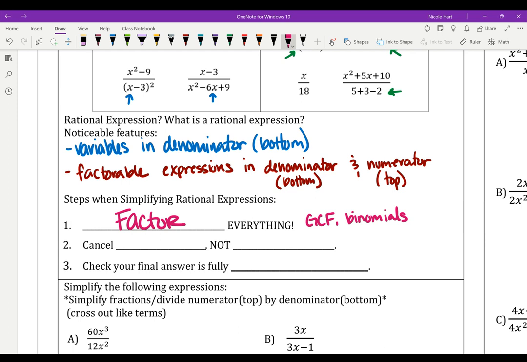We are going to be factoring everything if possible. And then we are going to cancel out factors, not terms. So we're going to be factoring out groups of things, or canceling out groups of things. And we are going to check that our answer is fully factored and simplified.